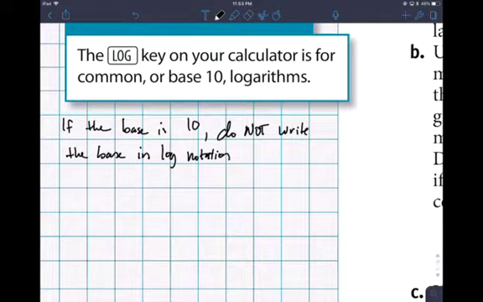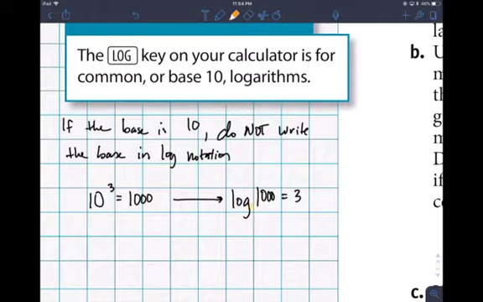For example, 10 to the third power is equal to 1000. If I write this in log notation, I would just write log of 1000 is equal to 3. Notice that I'm not writing a base anymore.